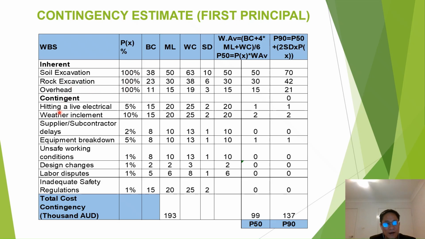And for hitting a live electrical, the probability that it can happen is only 5%, maybe because we only have the SP drawing and it's hard to happen. And the same for others. And then we have the best case, most likely, worst case by estimating as usual.